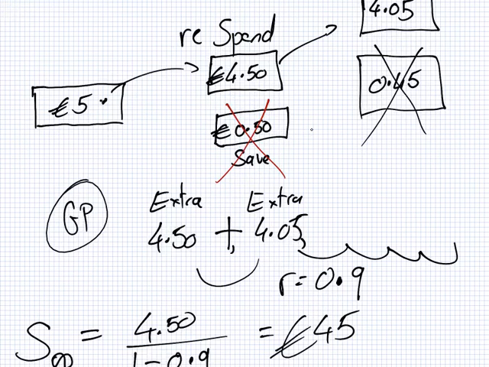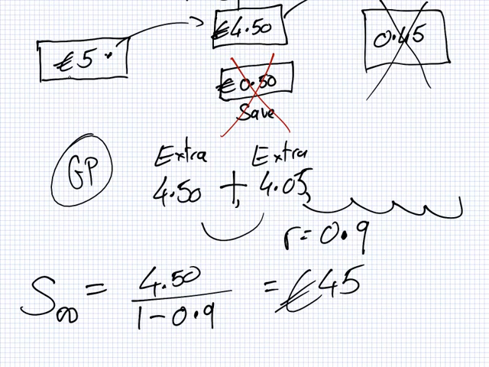So in total, my first €5 I spent will show up as €45 of sales. If you add up how many sales took place in this classroom, you spent €4.50, then he spent €4.05, and so on. So even though it's only one €5 note, it looks like €45 in total is spent.